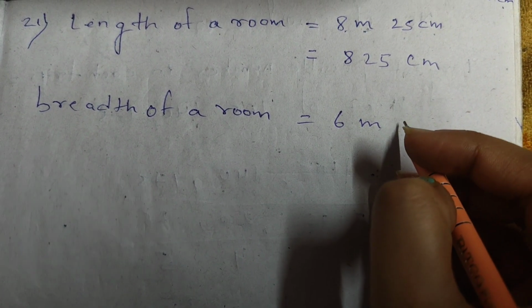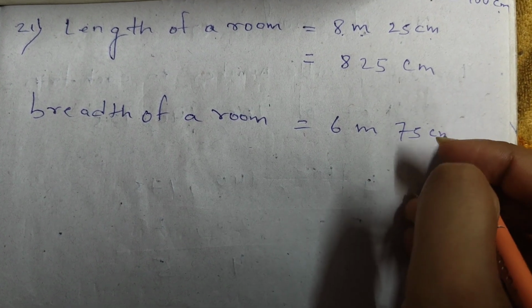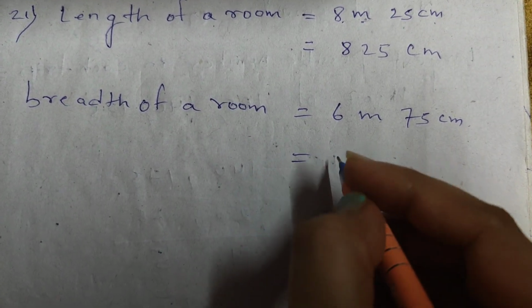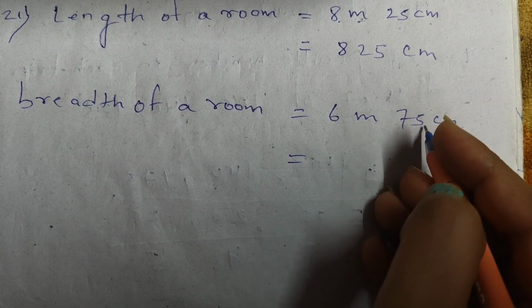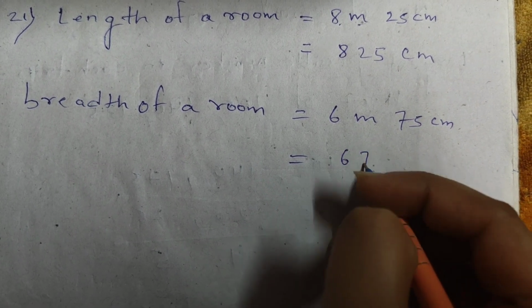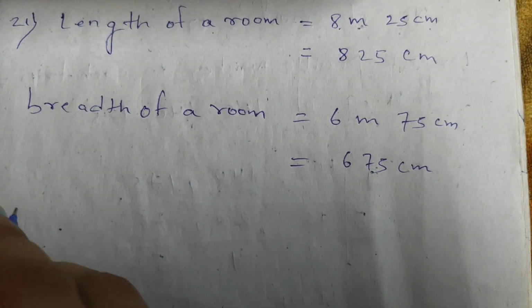6 meter 75 centimeter, that means 600 plus 75, 675 centimeters.